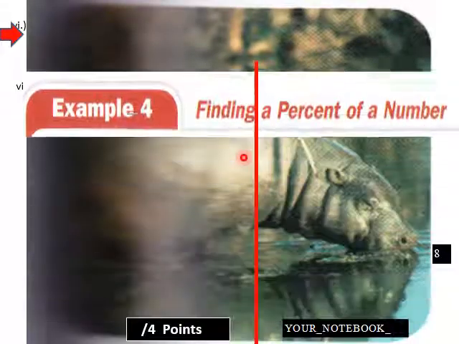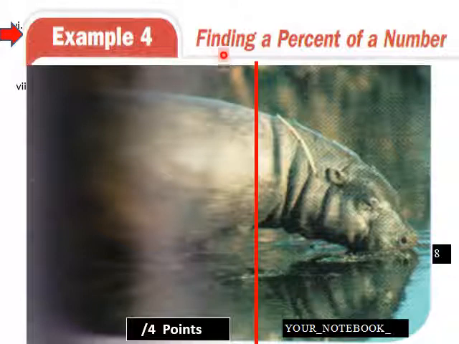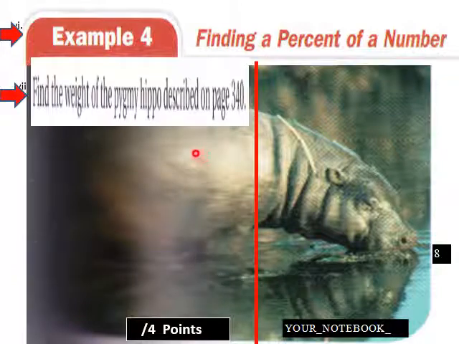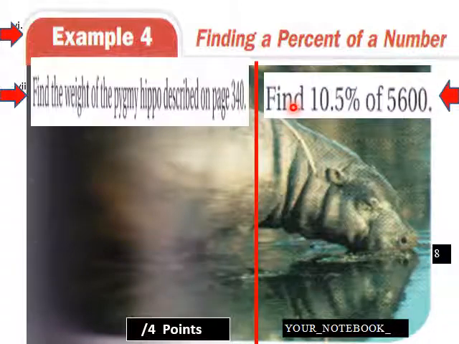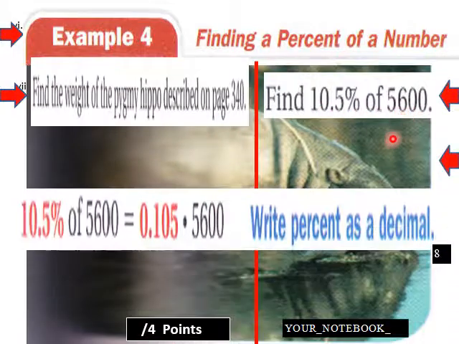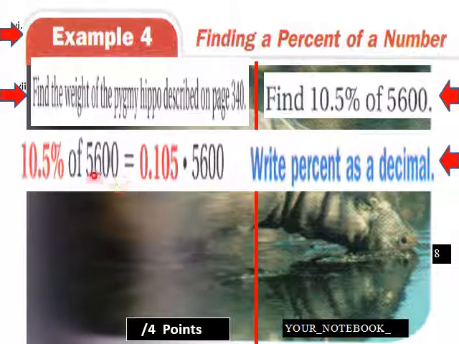Okay, let's go into another example here, example 4, finding a percent of a number. Find the weight of a pygmy hippo described on a previous page here. So find 10.5% of 5,600 is what our problem is here. What is 10.5% of 5,600? So 10.5% of 5,600 would equal 0.105.